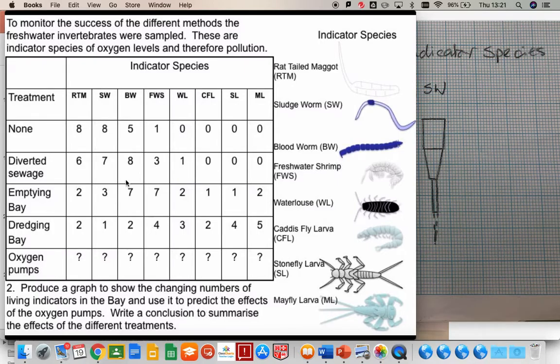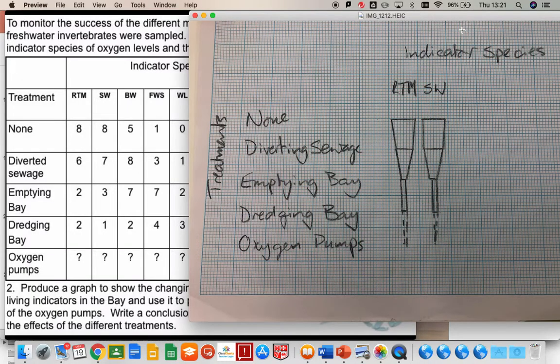Has it worked? I think the answer is yes, because we're seeing less of the species which can only live in very polluted waters, and we're seeing more and more of the species that can live in clean water. So that's what I want you to complete.